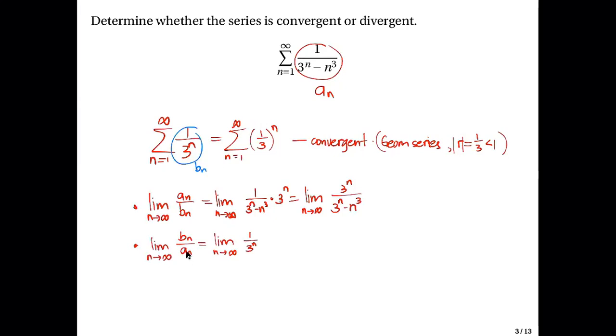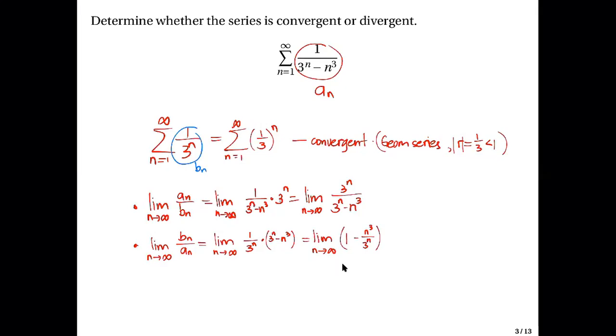Tapos, nasa denominator si an, so kukunin mo yung reciprocal nito. So you multiply this by the reciprocal of 1 over 3 to the n minus n cubed, but that's just 3 to the n minus n cubed. And notice, mas madali itong i-simplify at kuhaan ng limit. Okay? So if you distribute this is just what? 1 minus n cubed over 3 to the n.